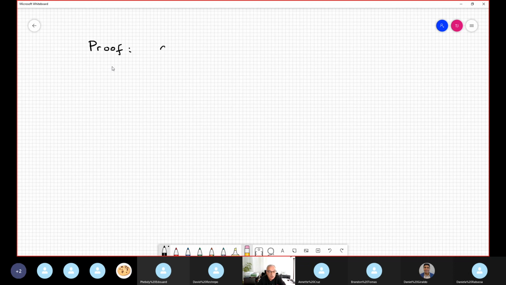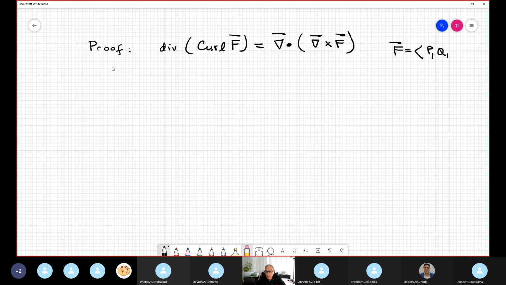Okay, it's the divergence of the curl of the vector field, using del notation. This is the dot product: divergence, parenthesis, del cross F. Remember F is a vector field in 3D, with components P, Q, R. According to the order of operations, the first operation we should do is the curl.